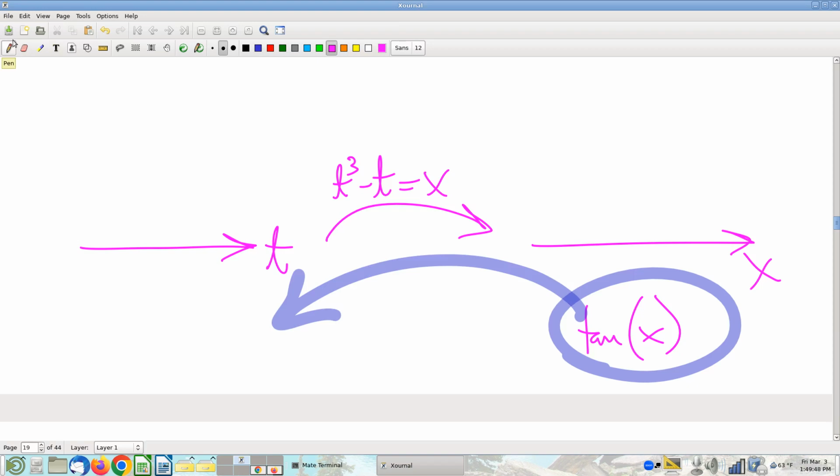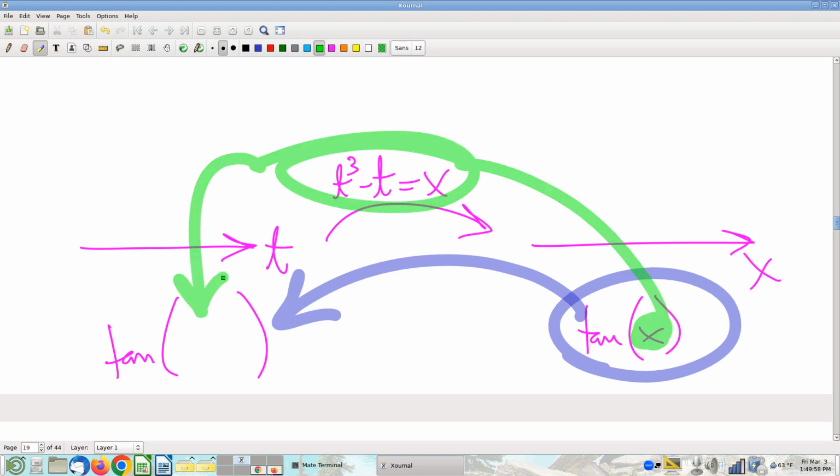It's an easy matter of just plugging in what x is, and after all, x is t cubed minus t. So this is what I mean when I say expressions pull back, right? Points go the same direction the function's going. In fact, that's what we mean when we say a function goes a certain direction. Expressions go the other way.